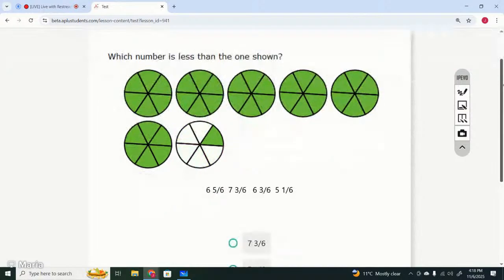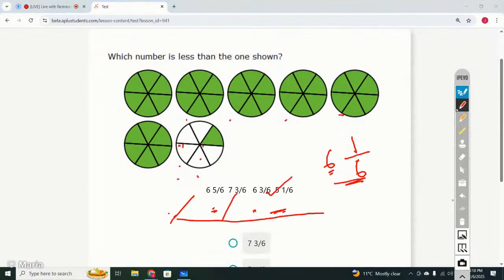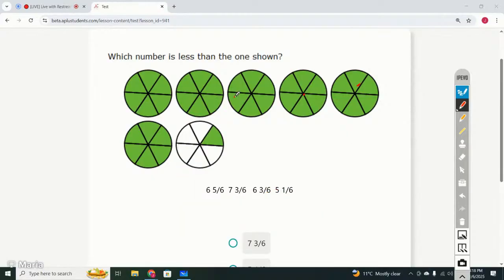Which number is less than the one shown? So just look at the one that is shown. 1, 2, 3, 4, 5, 6. All of them are colored, so that would be a whole number. And here only one portion is colored out of 1, 2, 3, 4, 5, 6. So that is 6 whole 1 by 6. Got it?